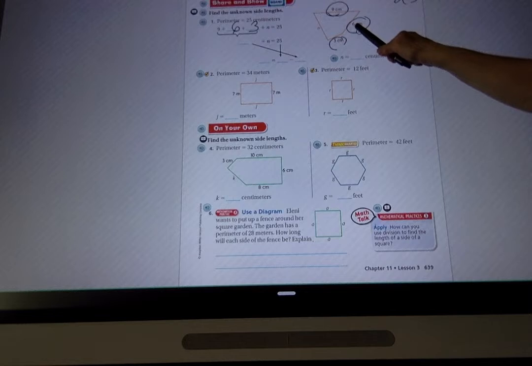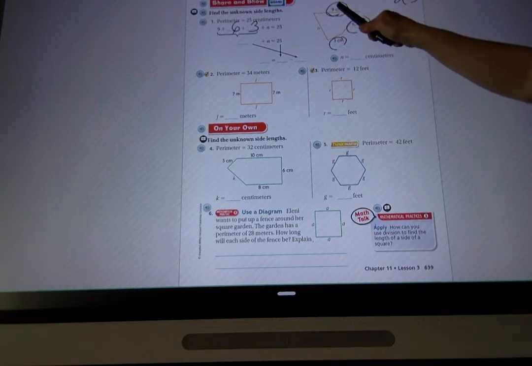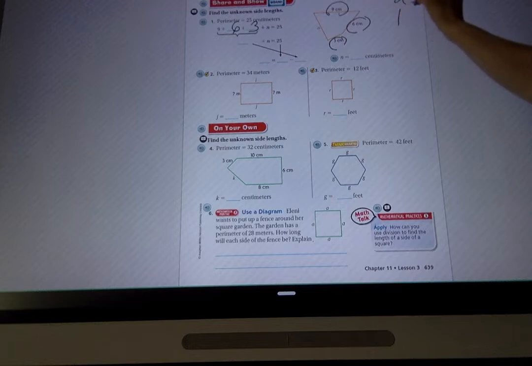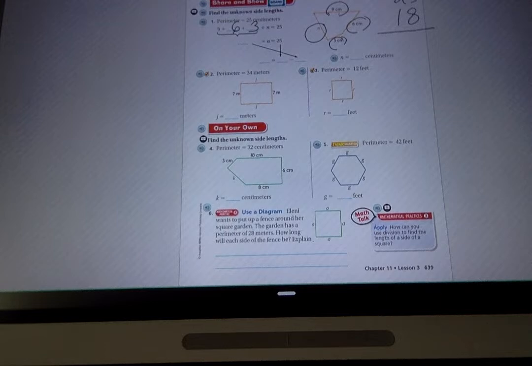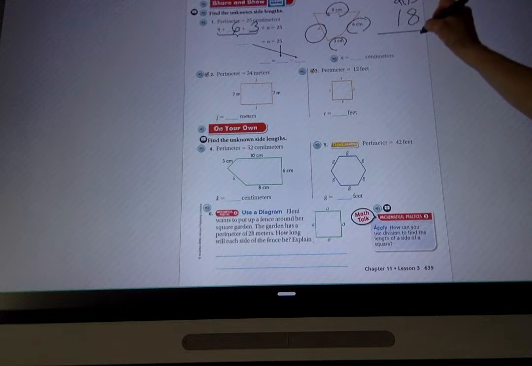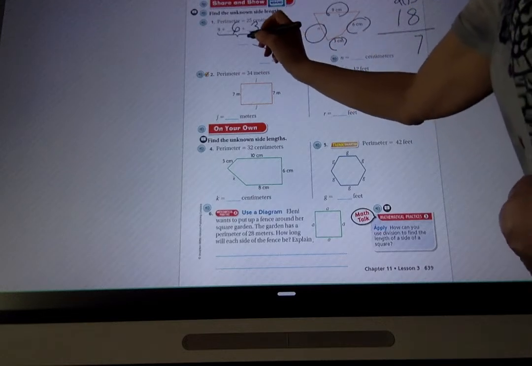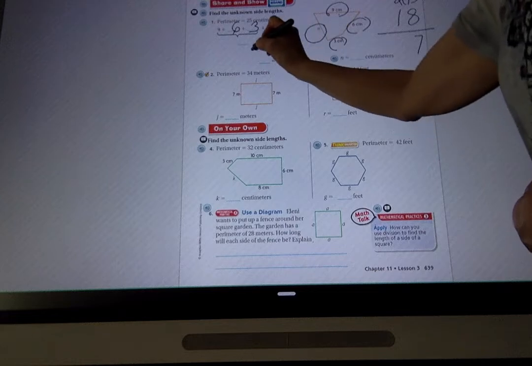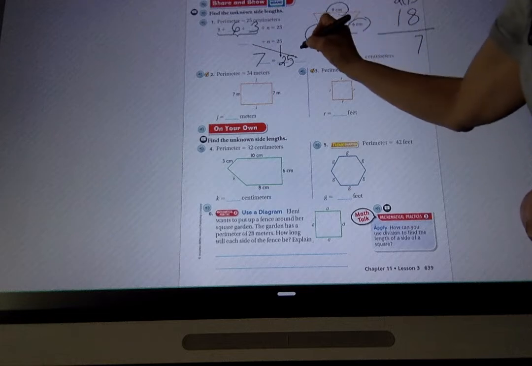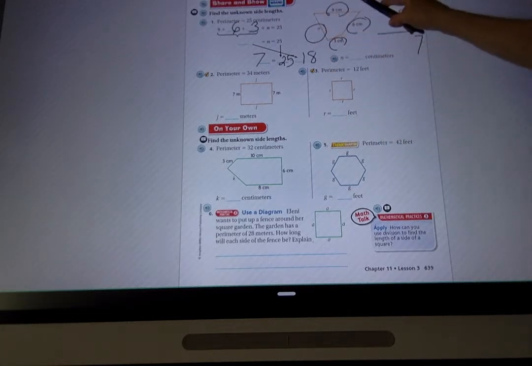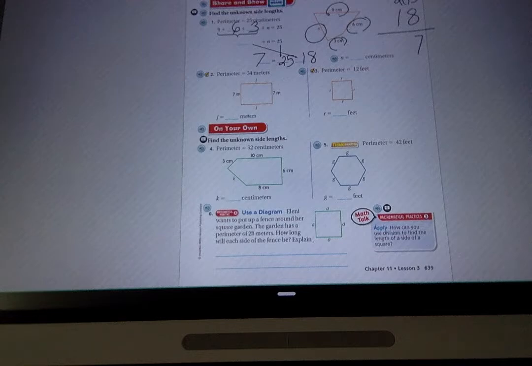Well, 3 plus 6 is 9. 9 plus 9 is 18. To find the missing, I'm going to subtract. Again, I have to borrow. 15 take away 8. Let's see, 8 plus 8 is 16, so 8 plus 7. 7 would work. N equals 7. 7 is equal to 25 take away 18. So we add what we know and subtract from our total.